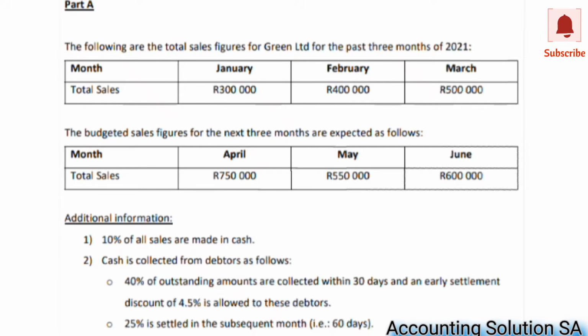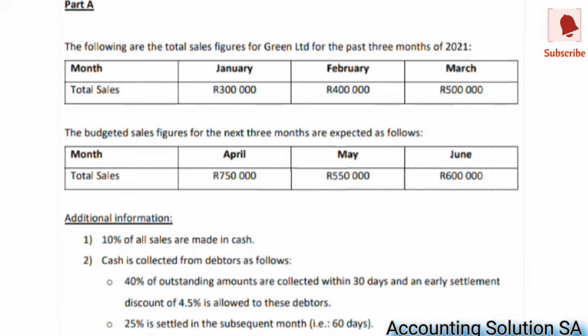Out of 100, 10% is cash, 90% is credit, which means that 90% is the one you are going to use for credit sales. Please take note of that, because if you use 10%, you are not going to get anything. So use 90% because it's credit sales, and 10% is cash sales.